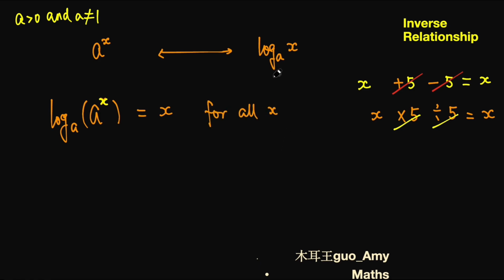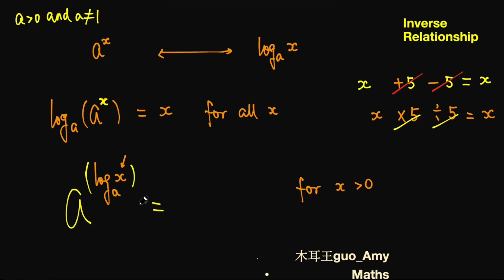Then, if we start with a log, where x is the argument and a is the base, then for the argument, x should always be positive. If we convert this to the exponential form with the whole thing as the exponent and the base a, then this expression simplifies to x as well.